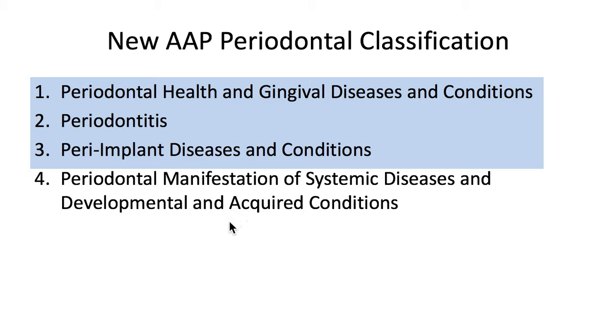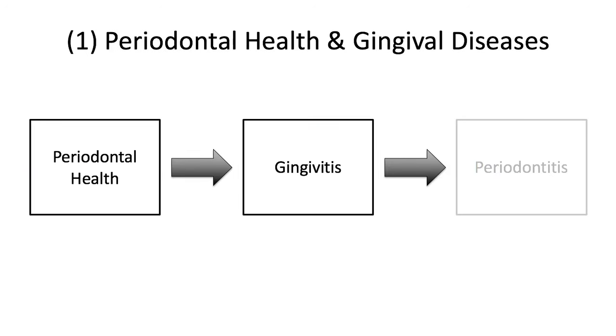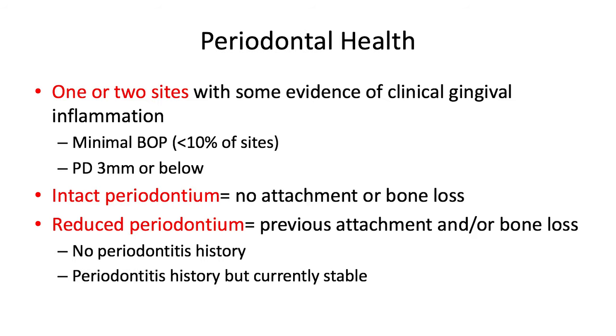Now we're going to focus on the first 3 in this video in that order. So we start with periodontal health. Now if things get worse, that turns to gingivitis, and if things get worse still, that turns to periodontitis. Now periodontal health and gingival diseases only includes these first 2, so let's focus on those to start with.